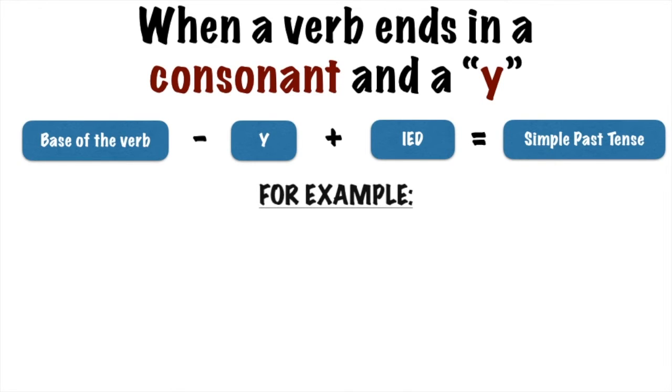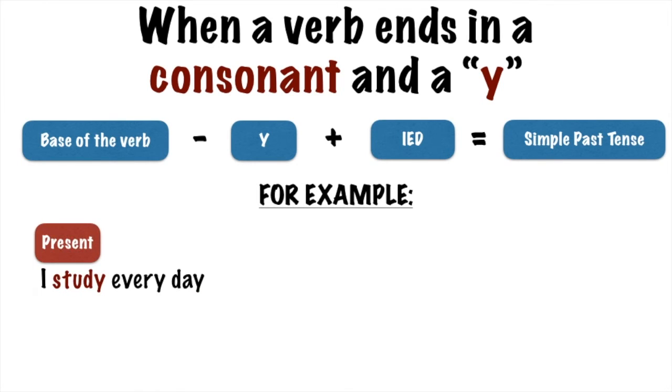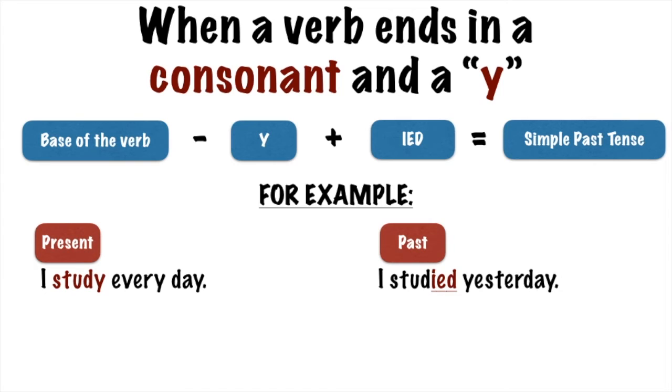For example, in the present tense, we say, I study every day. And in the past tense, we say, I studied yesterday. Notice that in the word studied, there is no Y, only an I. The I replaces the Y, and then we add an ED at the end.